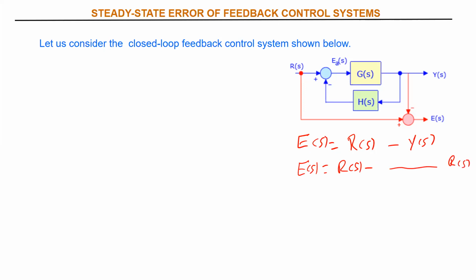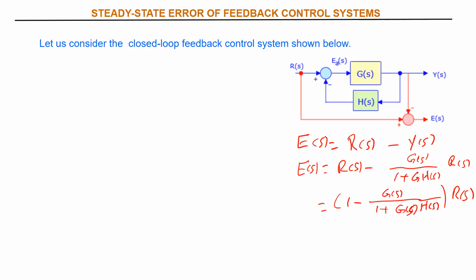It's the negative feedback loop: the direct gain G of S over 1 plus the loop gain, G times H of S. So E equals 1 minus G of S over 1 plus G of S H of S, times R of S.